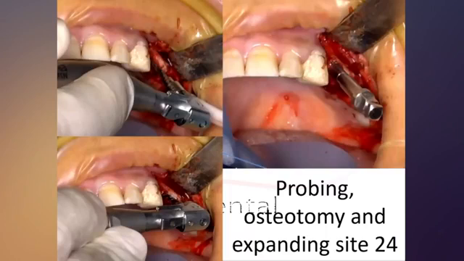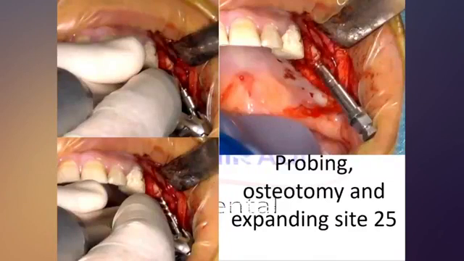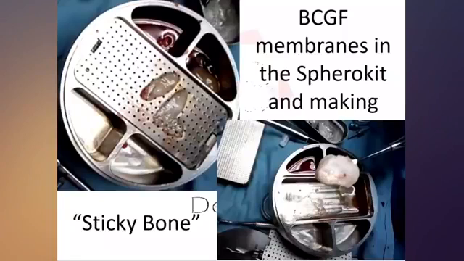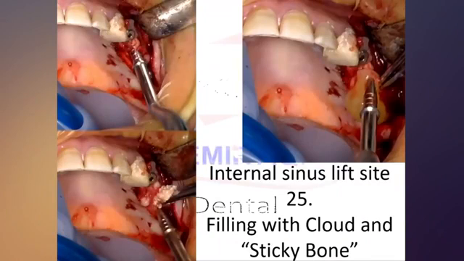So we go for slow expansion, since in the maxilla it works much better than in the mandible. And then we place sticky bone all over it, collected with scrapers and Unicas, and we graft bilaterally.